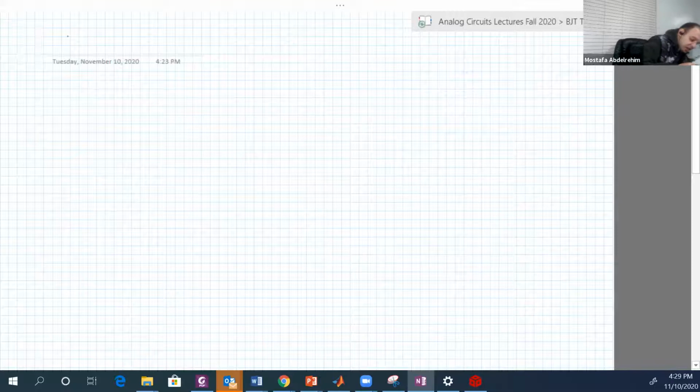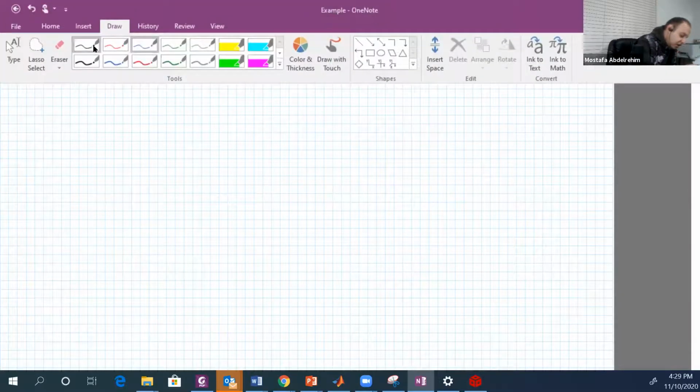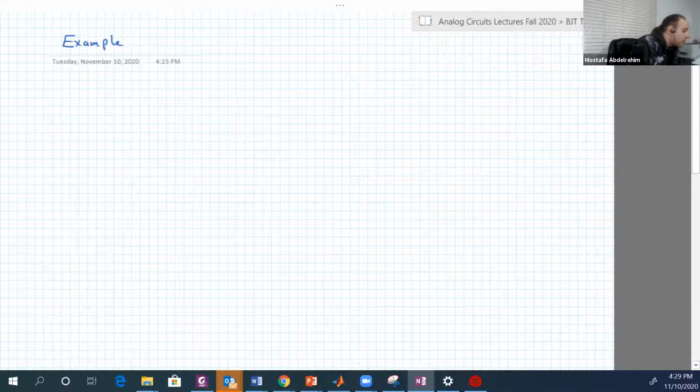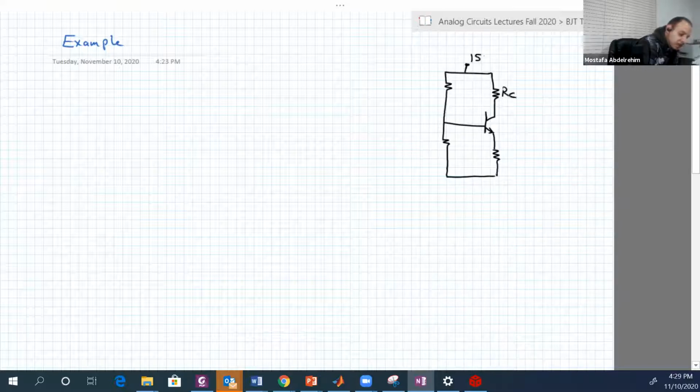So here is an example. Let me draw this circuit in another color here. We have a voltage divider now, with 15 here: RC, RE, R2, R1.